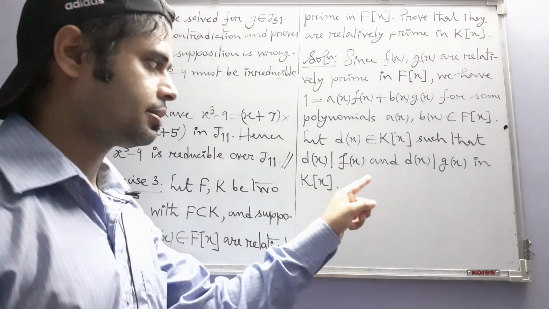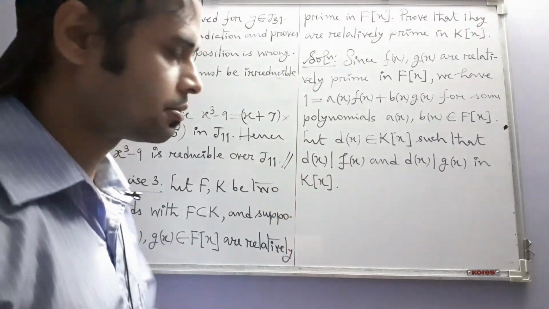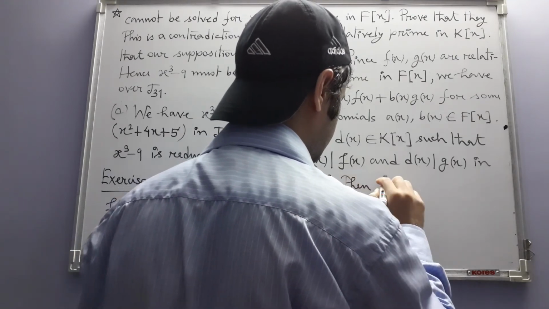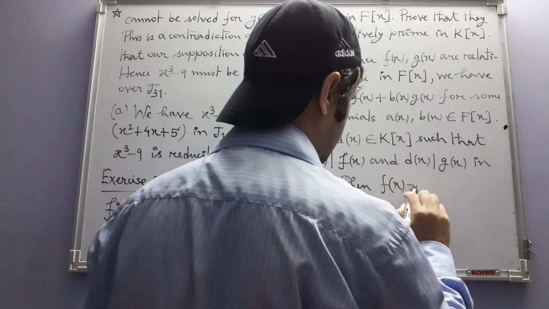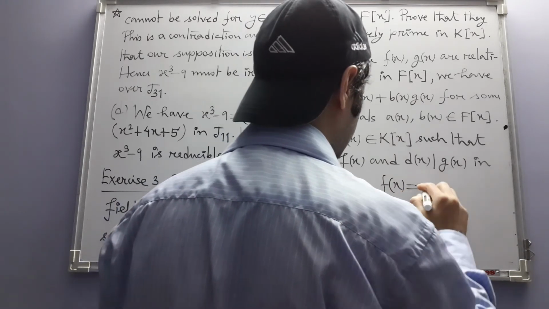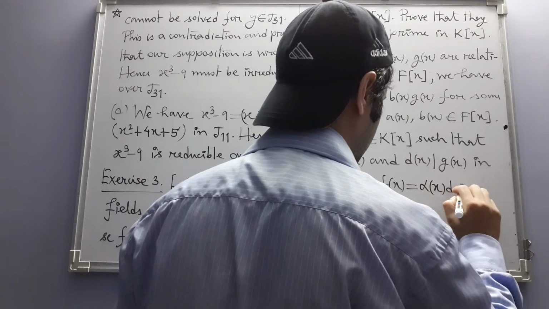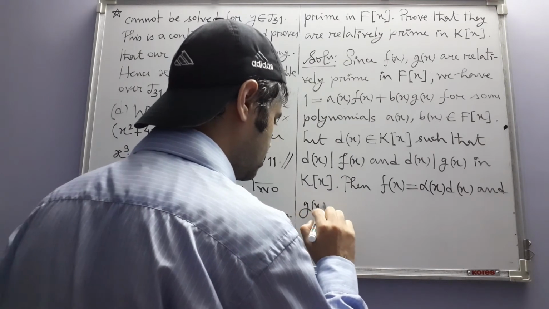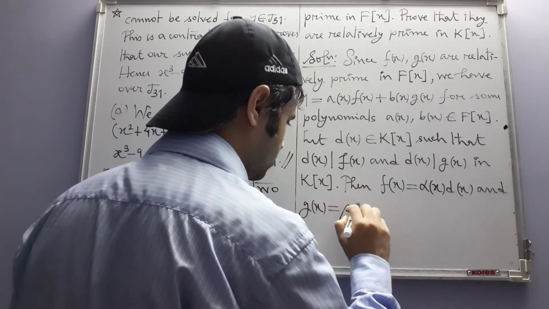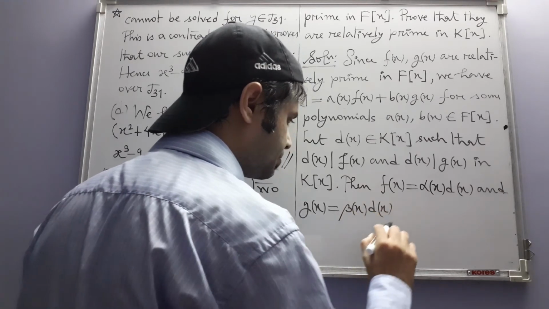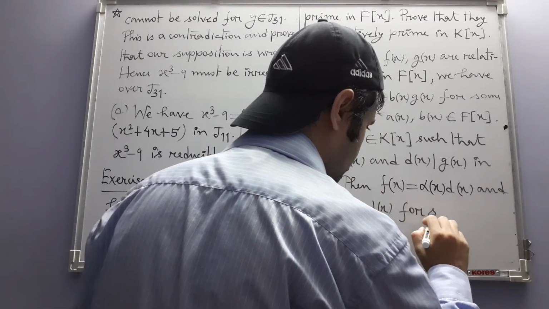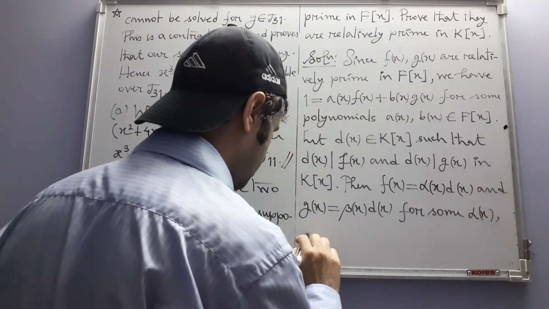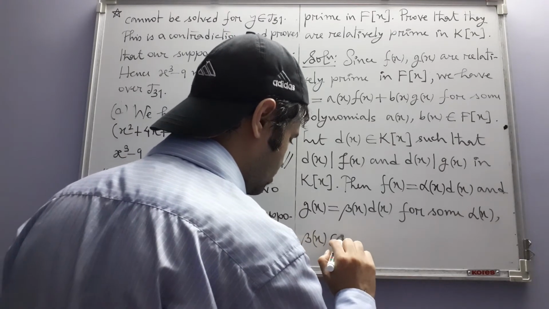In K[x] means that something will have to come from K[x]. Then, in fact, that's what we are going to write now. f(x) is equal to, say, let us take alpha(x) d(x) and g(x) equal to beta(x) d(x) for some alpha(x) and beta(x) in K[x].